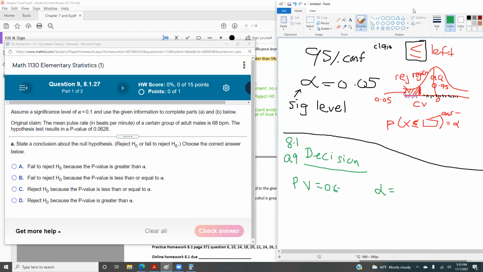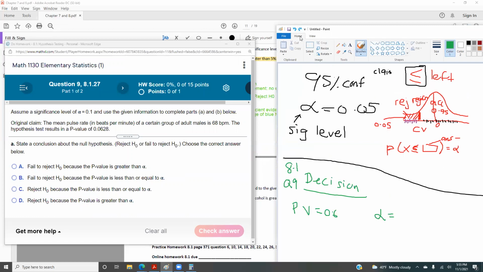Yep, that is the p-value, 0.0628. And what is alpha in this case? 0.1, which is up here. So my question is, is this p-value less than or greater than alpha? It is less than alpha. So the p-value here is less than alpha.